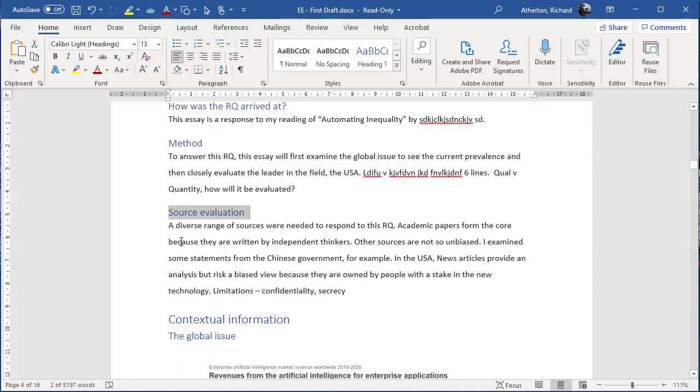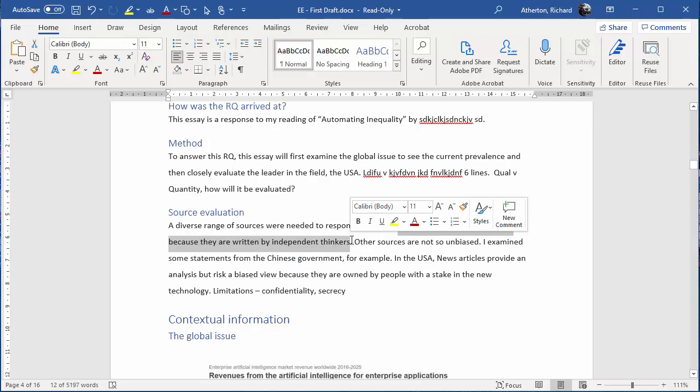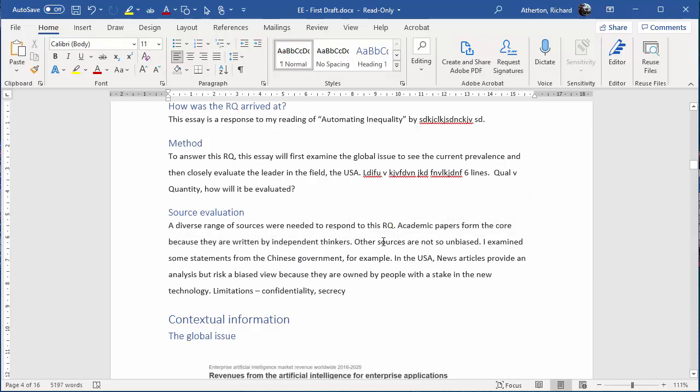Similarly, very important, and maybe worth a subheading: diverse range of sources are used. You must say that because that's a requirement. But then go through these sources. Any problems with them? Ben has based his largely on academic papers, and he's done that because these people are independent thinkers. However, he has used other sources. When he was trying to extend the argument from America around the world, he looked at some statements by the Chinese government.